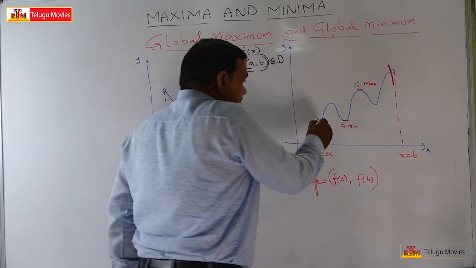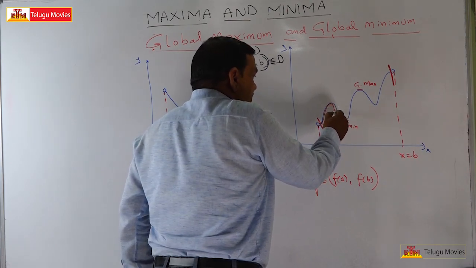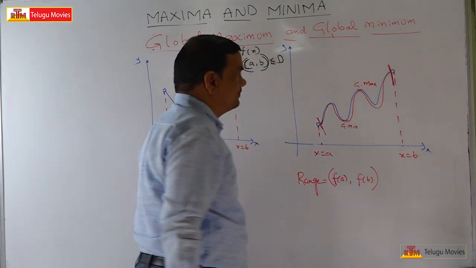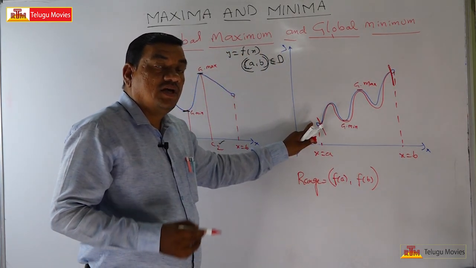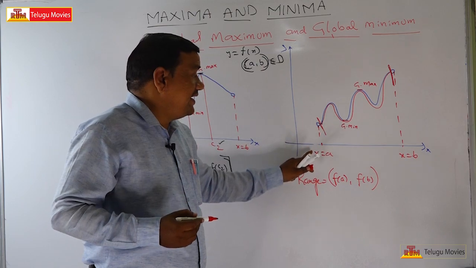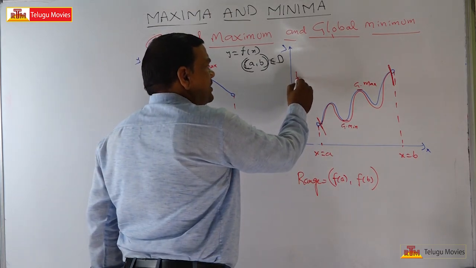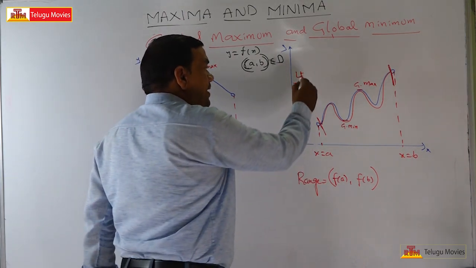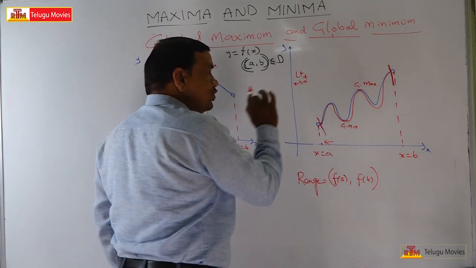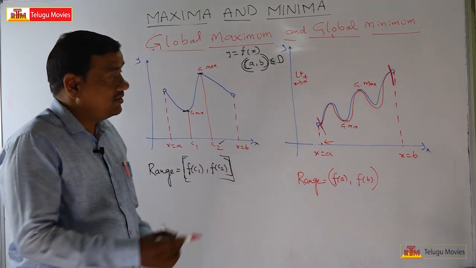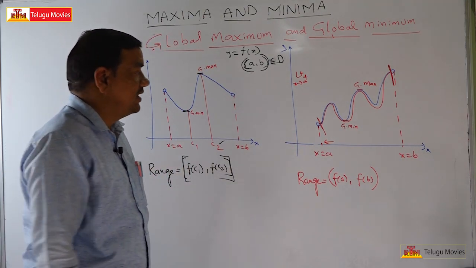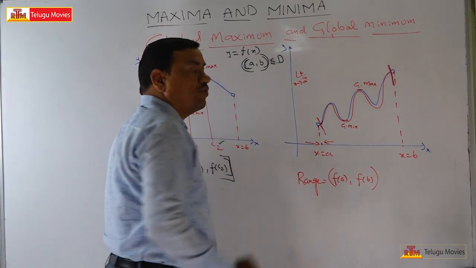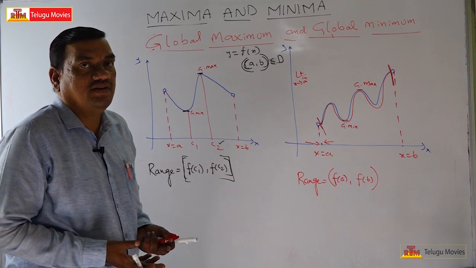That means from here onwards you have to take the graph, and here also you have to take the graph. There it ends. Here there will not be a limit extending to a; here the limit concept will come again. The limit as x tends to a plus means that it should exist, since only positive values exist. And x tends to a minus means from the negative side we cannot get any functional value.